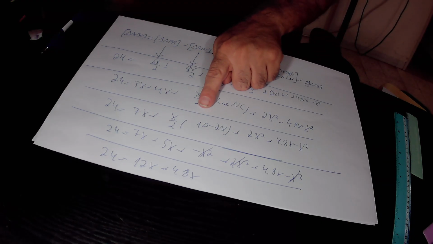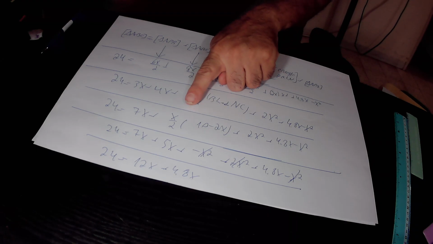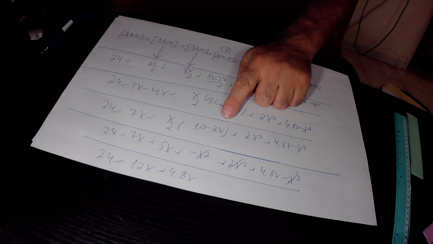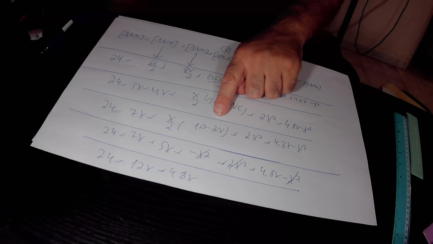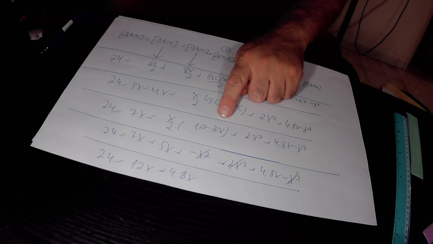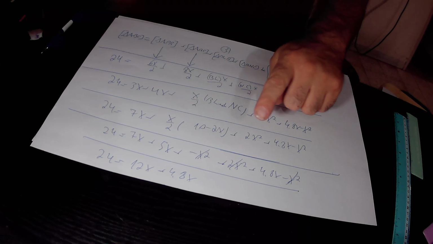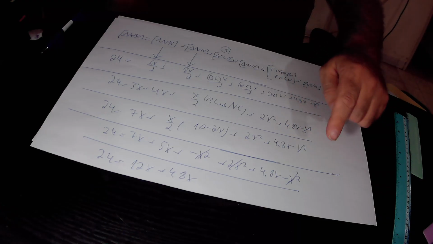We open the brackets of this expression. 10 over 2 is 5, so this expression equals 5x. And we have minus 2x times x over 2. 2 over 2 is 1, so we are left only with minus x times x, that is minus x squared, plus 2x squared, plus 4.8x minus x squared.